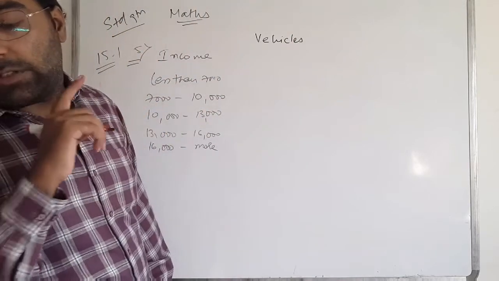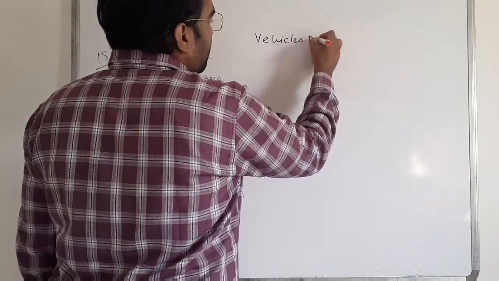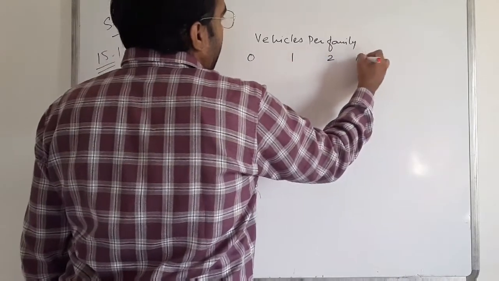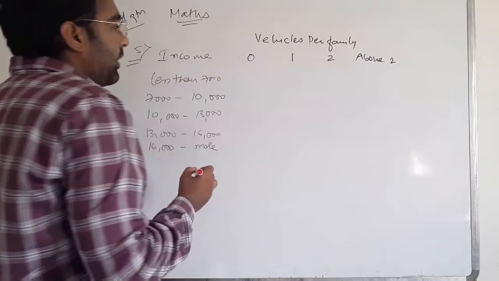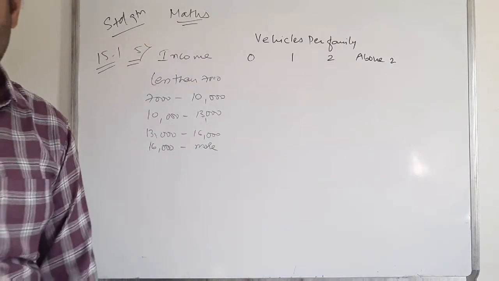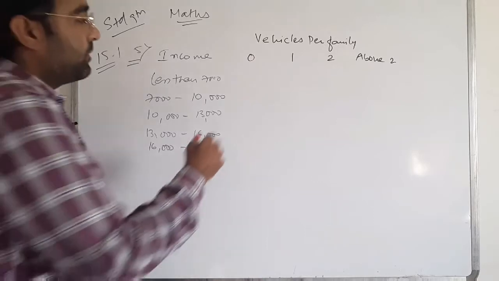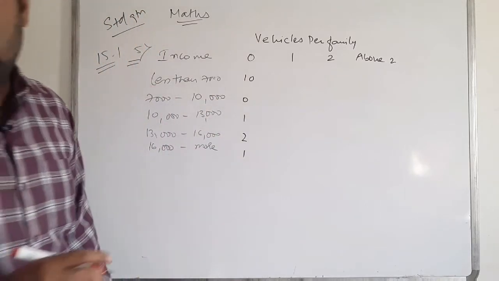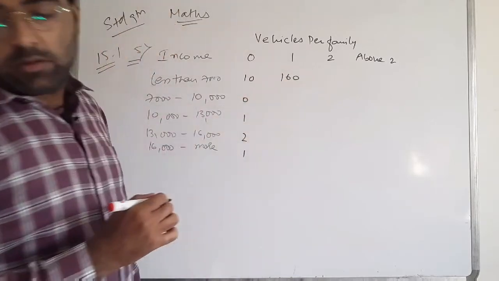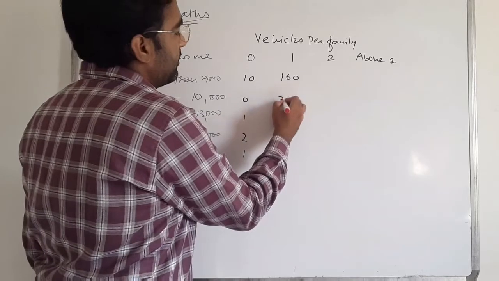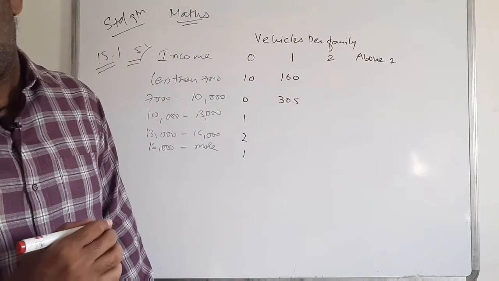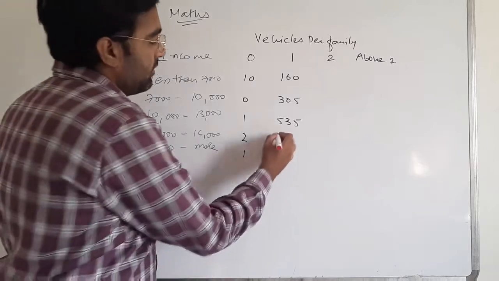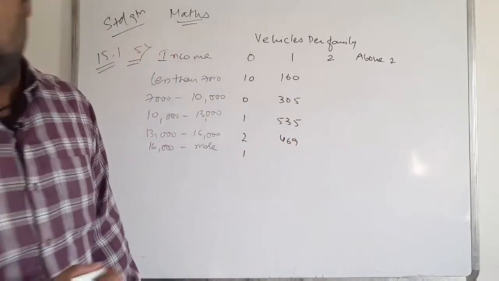The vehicle counts are 0, 1, 2 and above 2. The row for zero vehicles is 10, 160, 305, 535, 469 and 579.